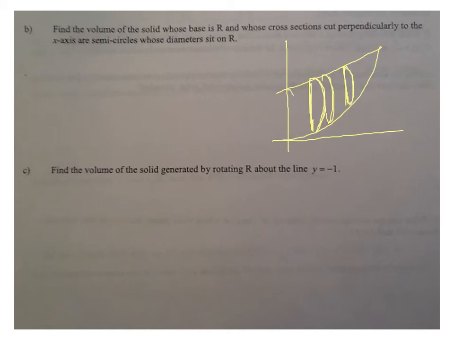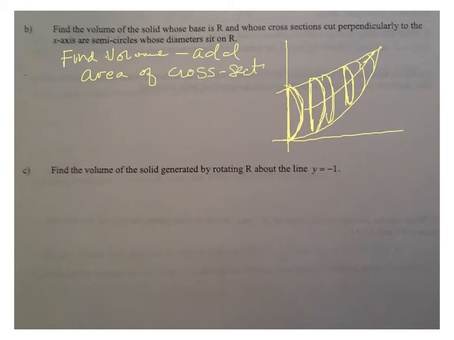Again, each one's going to be a different size, the largest one being where it intersects with the y-axis. So I'm trying to find that volume. To find volume one more time, we need to add up the area of the cross sections.